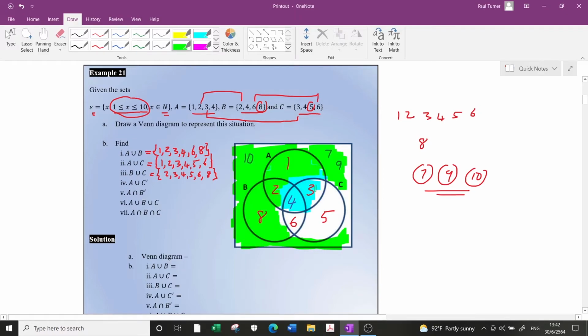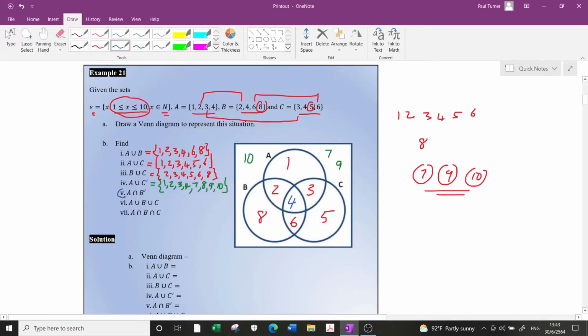So A was all the blue section, which was here, plus the green section. So everything that I colored in is part of the answer. So that's 1, 2, 3, 4, 8, 7, 8, 9, 10. Like that.